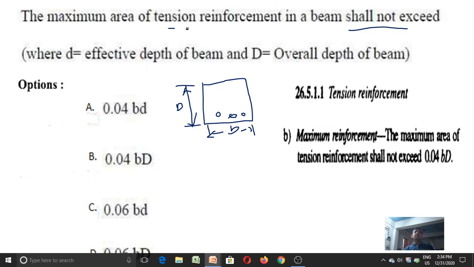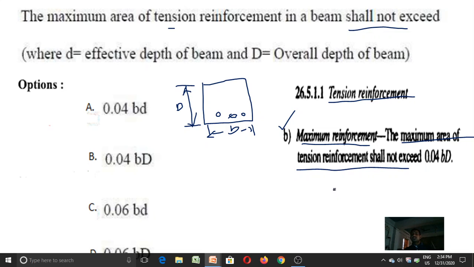So the maximum area of tension reinforcement in a beam shall not exceed. As per IS 456 2000, in clause number 26.5.1.1 about the tension reinforcement, in point B they have given the maximum reinforcement. The maximum area of tension reinforcement shall not exceed 0.04 times B into D. What is the B into D here?